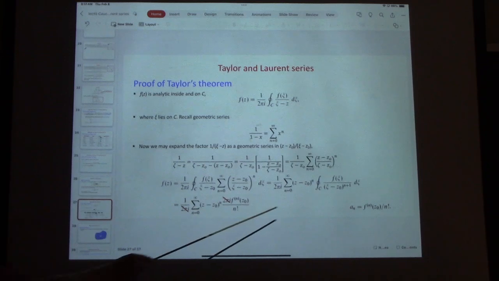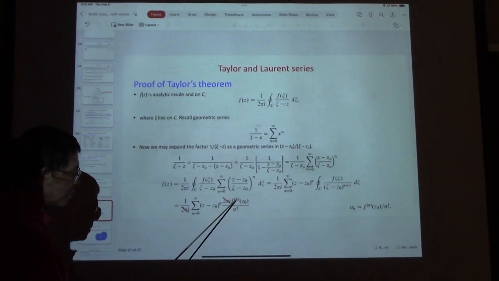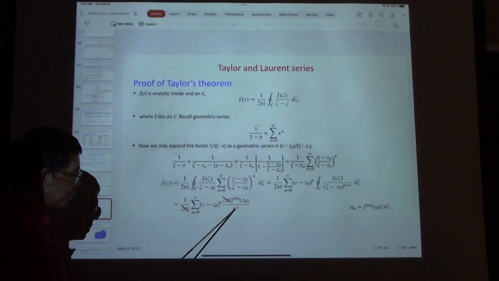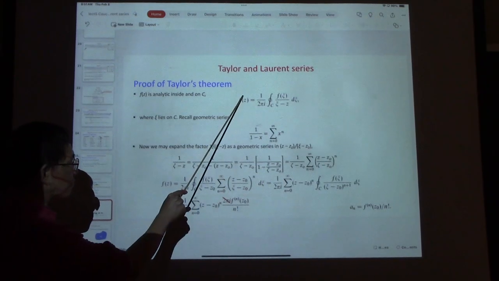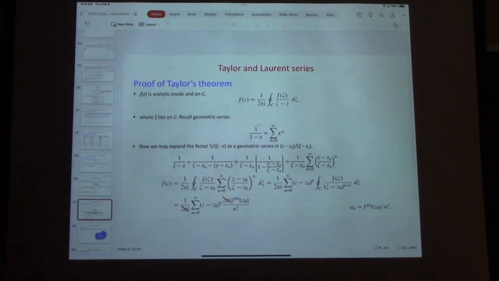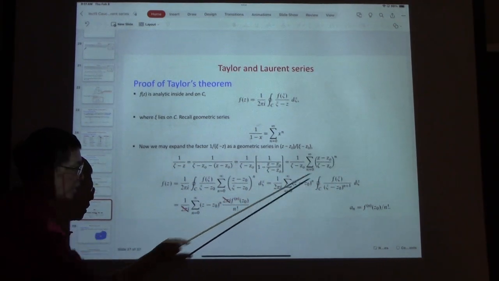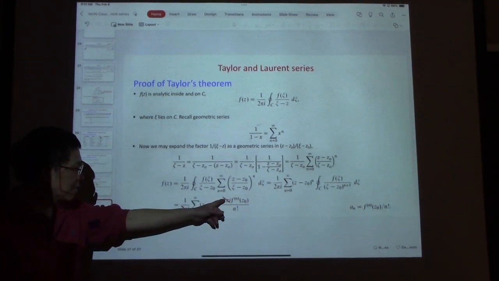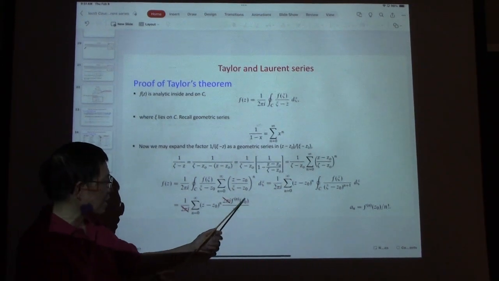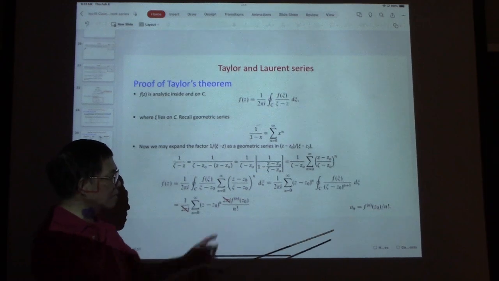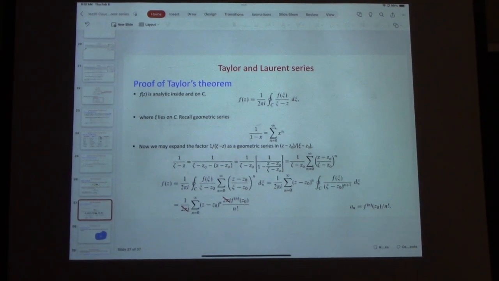Okay. So this thing can be written as the nth order derivative of this. Then you need to put this n factorial here, because for the nth order you have an n factorial there. Okay. And this is nth order. Therefore, this whole thing is equal to that. And these 2 pi i and these 2 pi i just cancel each other out. So if you view this as the coefficient a sub n, that's exactly the Taylor series we are looking for.